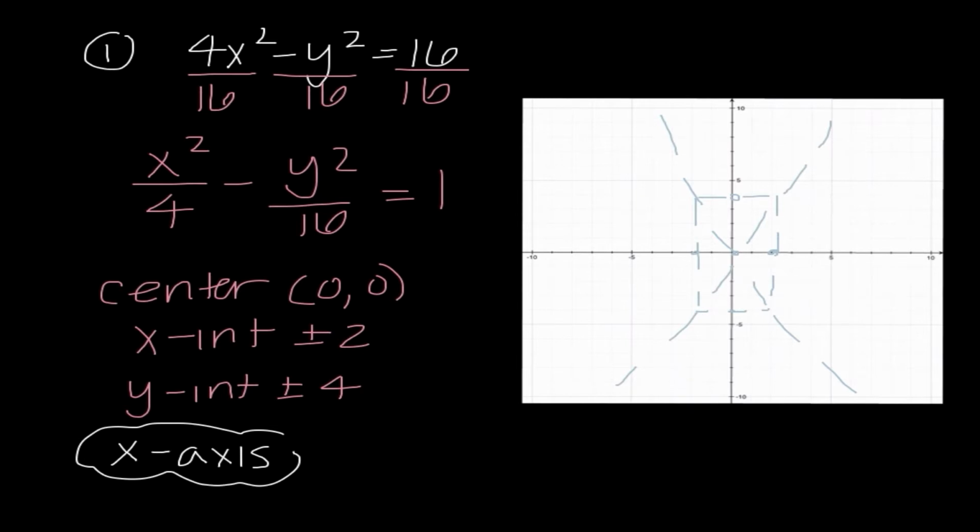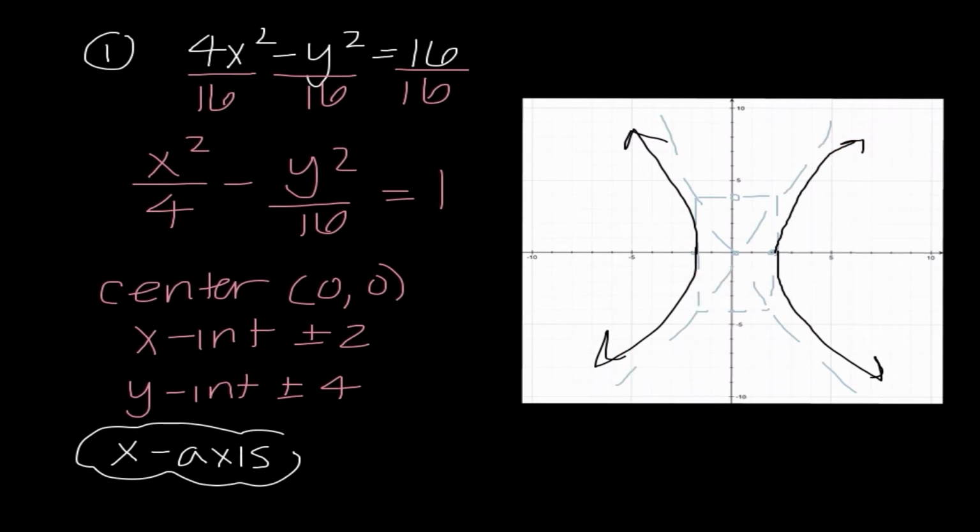So I notice that I actually have a point here and a point here. So I'm going to go ahead and start on that vertex. Okay, that is the vertex for our parabola. And then I'm drawing my parabolas so they get really close to these asymptotes, but they do not actually touch them.